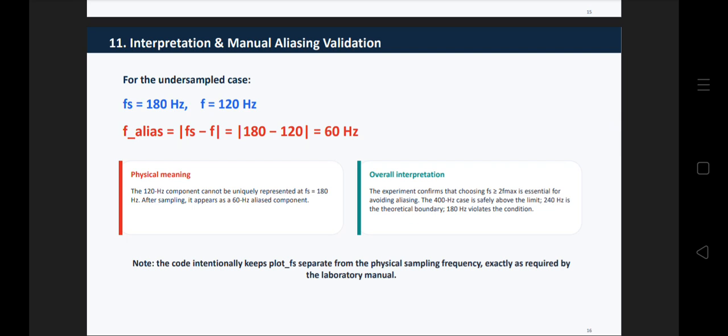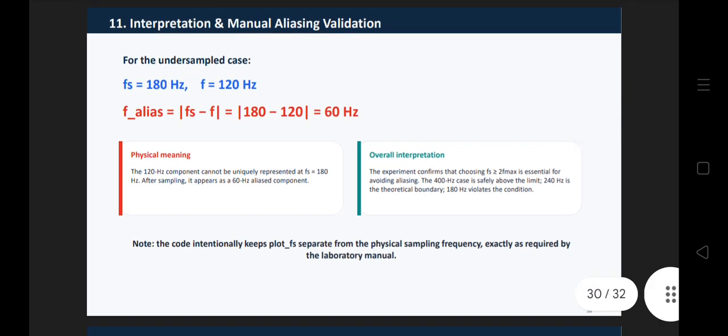Physically, this means that the 120 Hz component cannot be uniquely represented at a sampling rate of 180 Hz. So after sampling it appears as a 60 Hz component. Therefore the experiment confirmed that the sampling frequency should be at least twice the highest signal frequency to avoid aliasing.